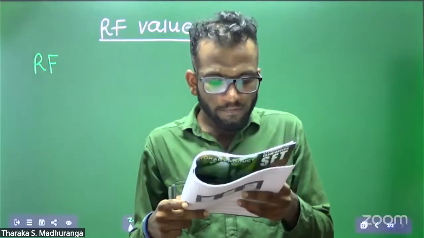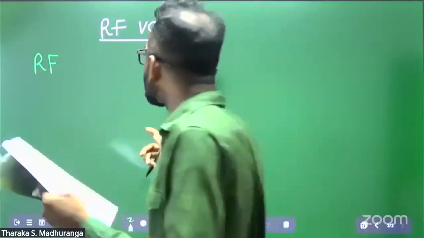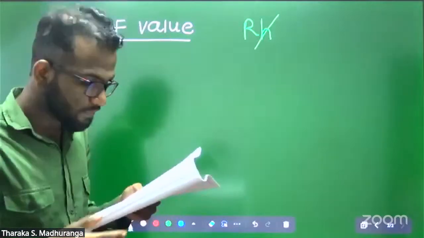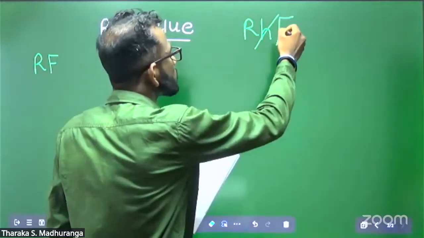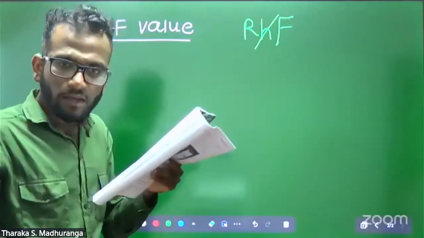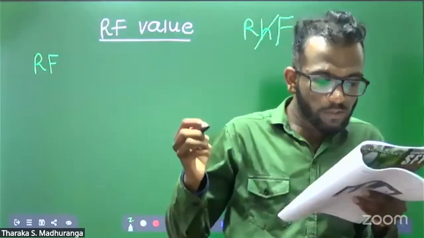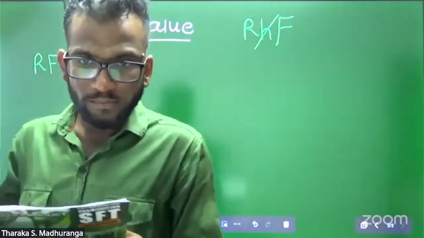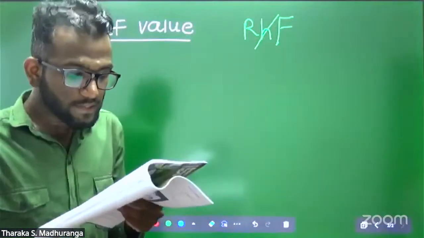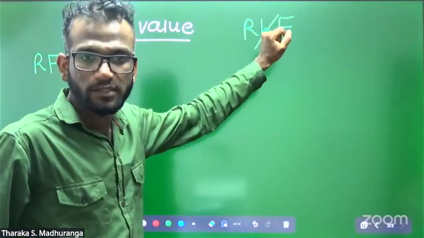In the topic, identify the components in the sample by calculating the RH value, I found RH value. It's wrong. It should be RF, capital F. Please correct that: RF, not RH.